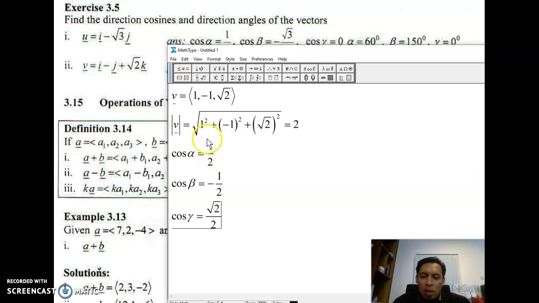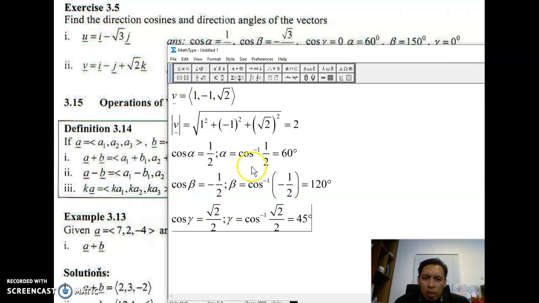So the x itself is already positive, so we can expect it to be less than 90 degree. As for this one, this y here is negative 1, which is more in the negative side, so later the degree should be more than 90 degree. As for this one, √2 is actually positive, so we can expect it to have a degree that is less than 90 degree.